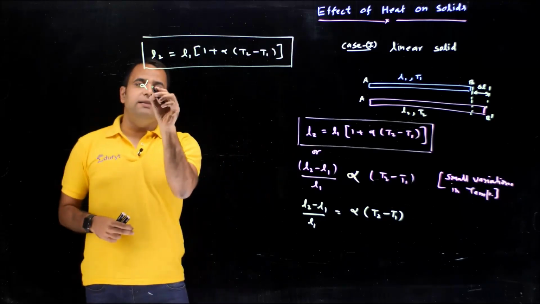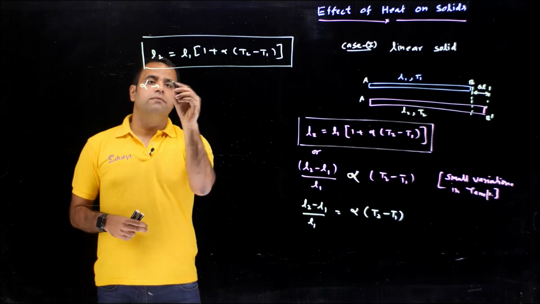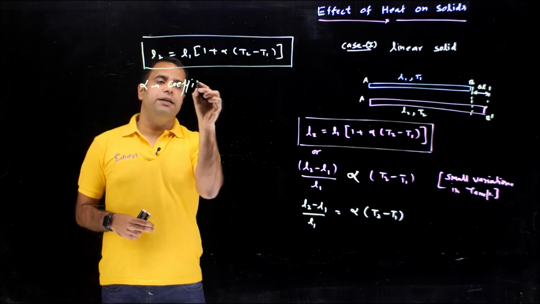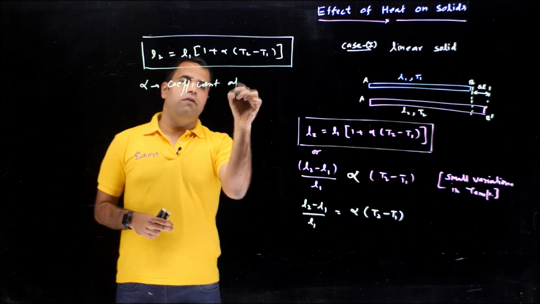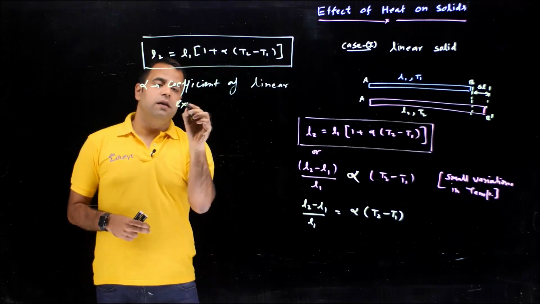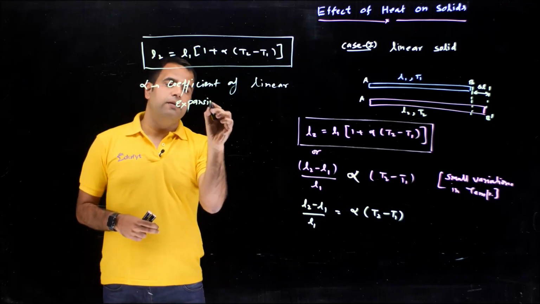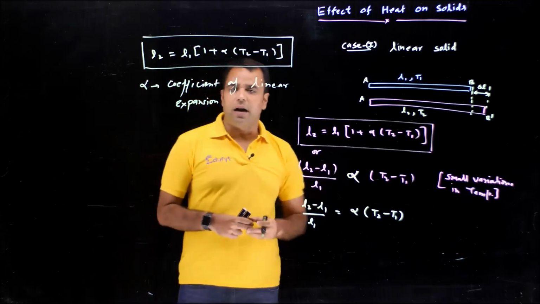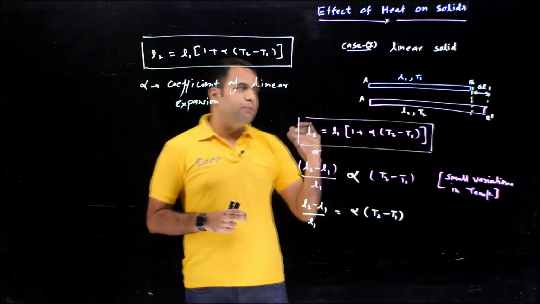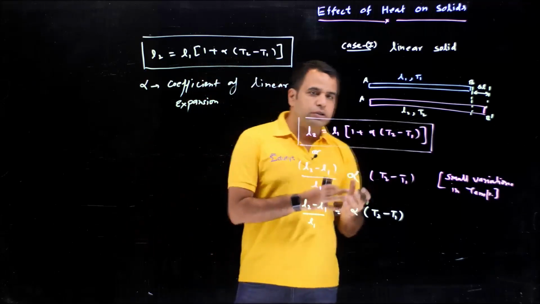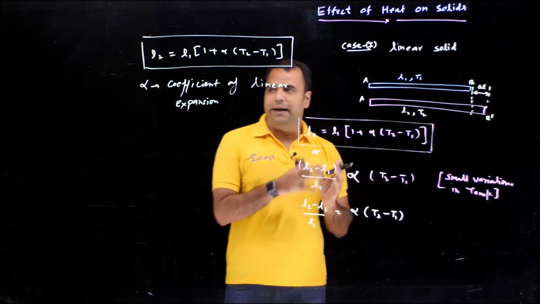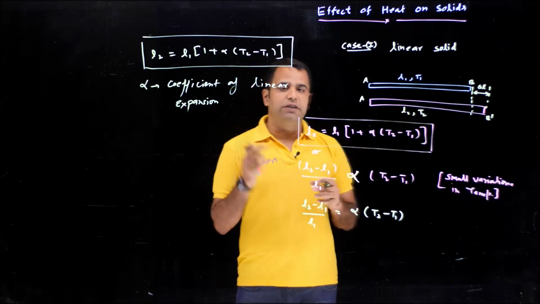Here this alpha is defined as the coefficient of linear expansion. The value of alpha will depend upon the internal property. It will not depend upon the dimension. Whether you use copper or steel or iron, depending upon the material, we have the value of alpha, which is pretty constant.